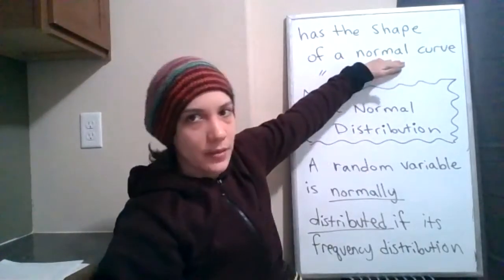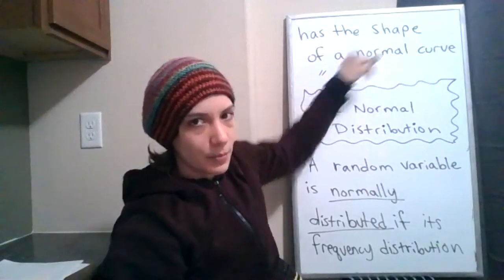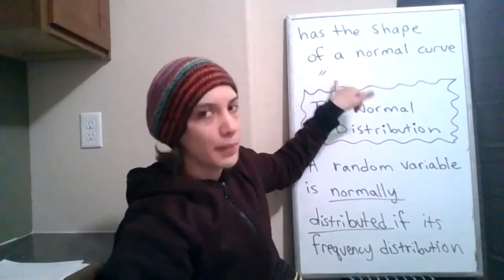We'll talk about properties of the normal curve in a second, but overall it's like a bell shape.